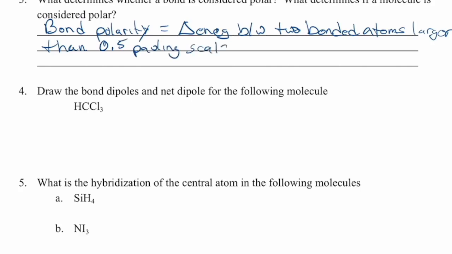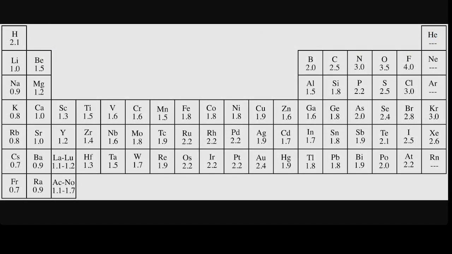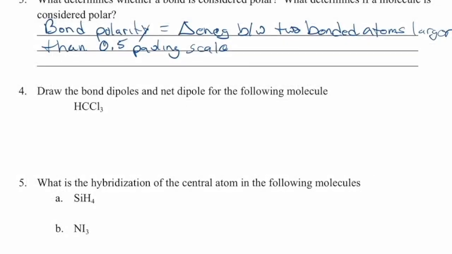And again, you will be given these values. These values are generally listed as a whole number and a tenth, and you will be given those if necessary. But if the difference is larger than 0.5, then we expect the bond to be considered polar.